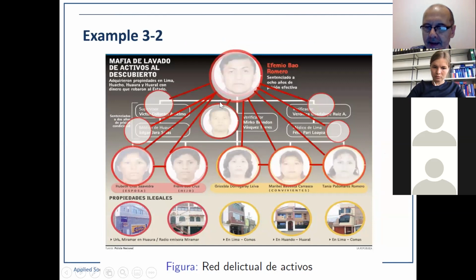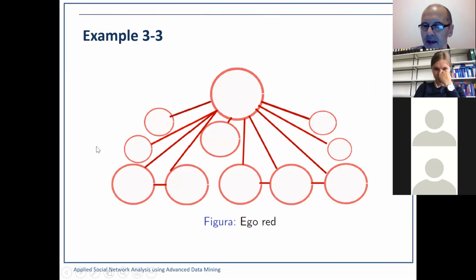So we could identify people as nodes, and the links between nodes are established based on their relation. There is a relation between everybody on this social network with the boss, but also links among some of the members. So that's how we can understand a criminal group as a social network.